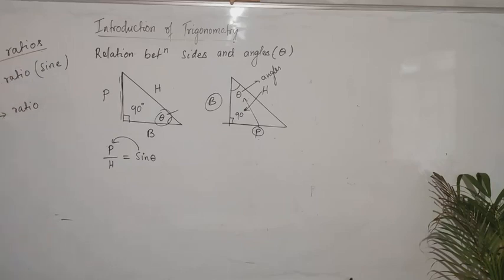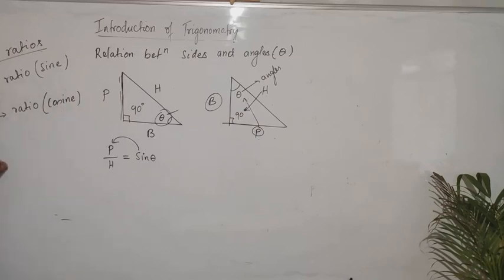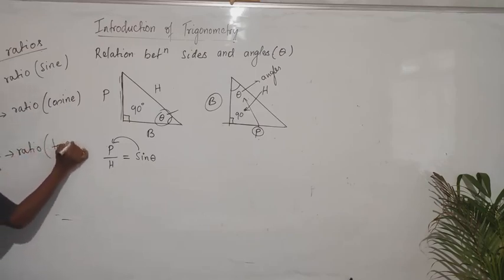Then we give this ratio a particular name, sine. Then this ratio will be given as cosine. The next, P by B, this also is a ratio, and its name is tangent. They gave a name. This is just a name.